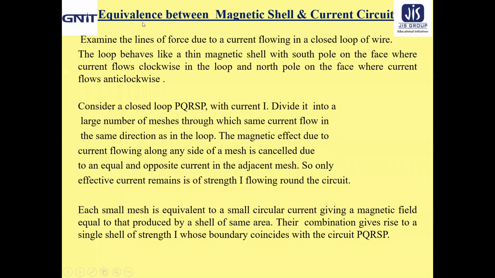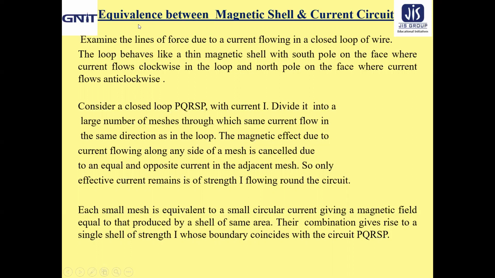Now, in the last class, we went through the Biot-Savart's law, and there we proved that no isolated magnetic monopole exists. In electrostatics, we have seen that there are two basic laws: one is Coulomb's law and the other is Gauss's law.